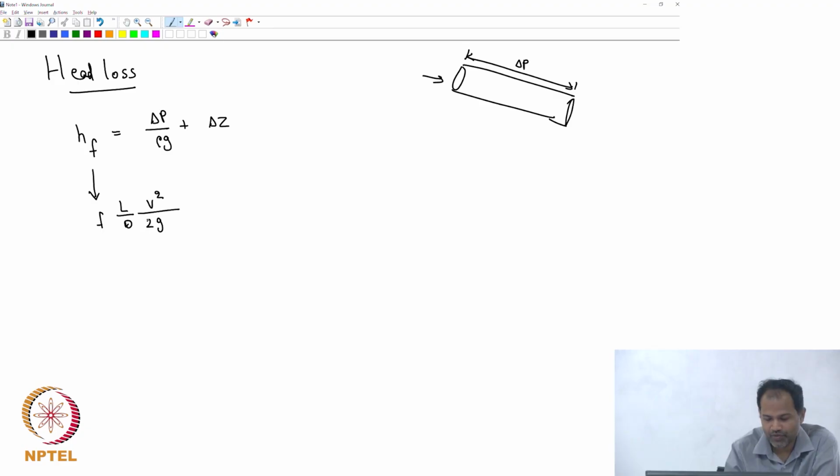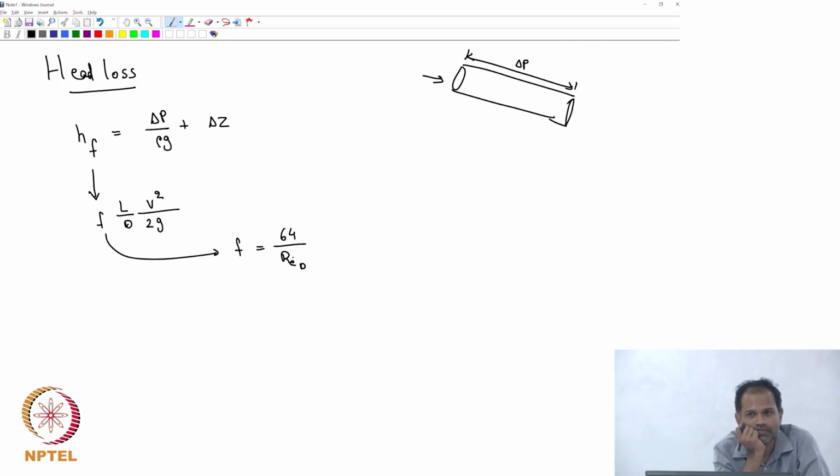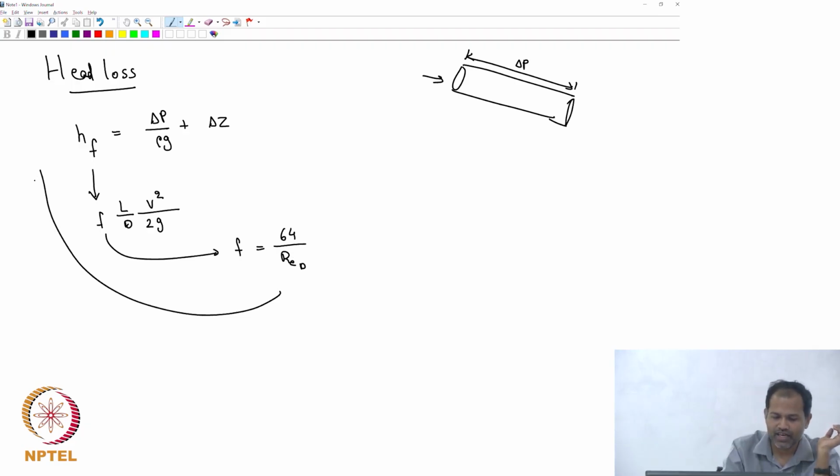And then we finally related our friction factor to the Reynolds number. So the idea was that you specify the Reynolds number, that tells you the friction factor, and that tells you the head loss. So this is the way our calculation should go, though we derived it the other way.